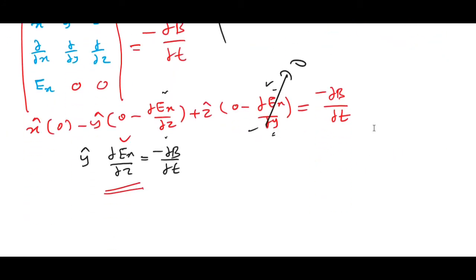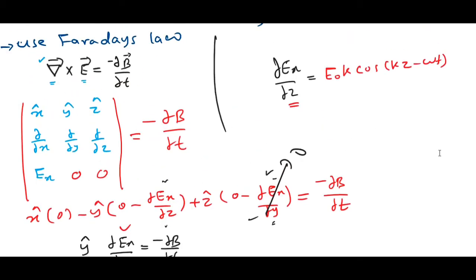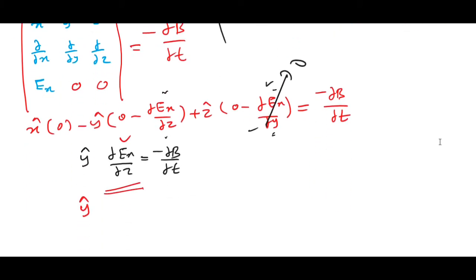Then I can write here that ŷ ∂Ex/∂z means E0 k cos(kz − ωt) is equal to minus ∂B/∂t.